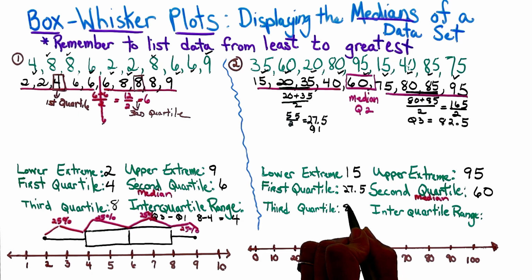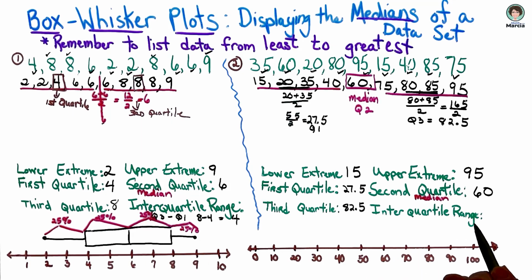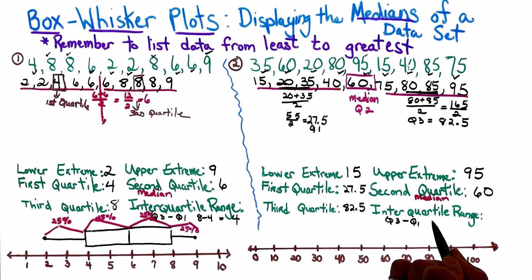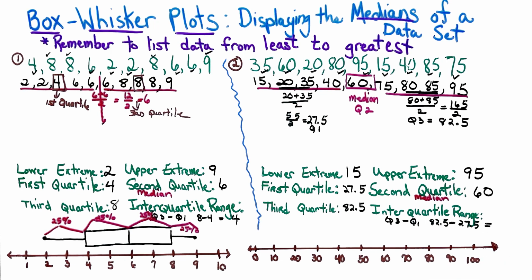Third quartile, 82.5. All right, so as we're looking at the interquartile range, we know we're going to take Q3 minus Q1. So for the interquartile range, it's 82.5 minus the first quartile, which was 27.5. So for our interquartile range, we end up with a 55.